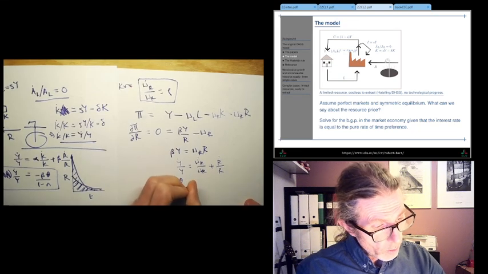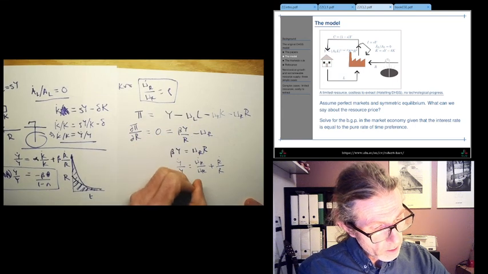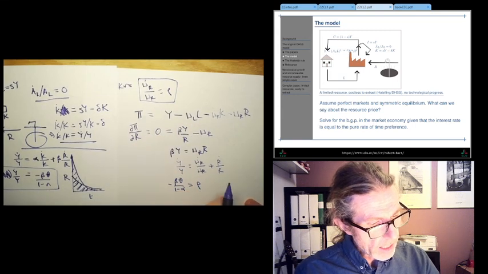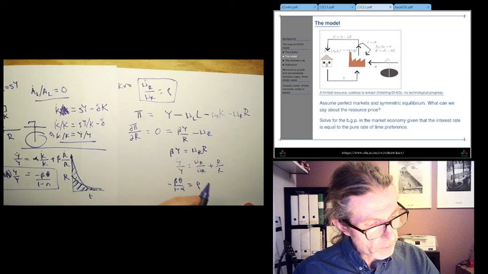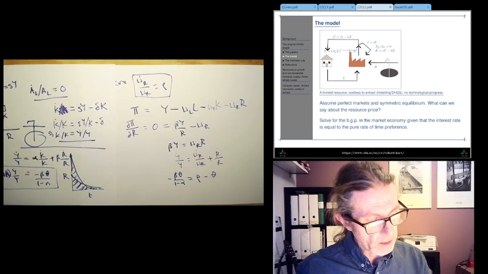We know W_R dot over W_R, that's just rho. And we know R dot over R is just minus theta.